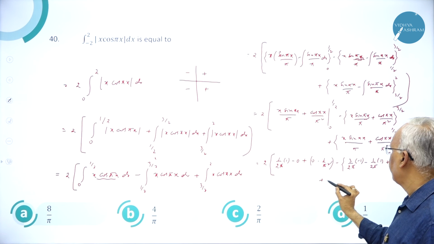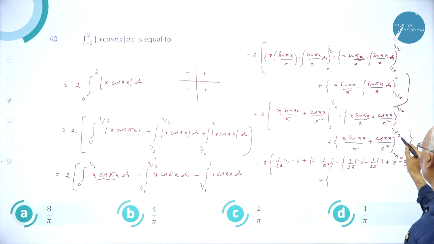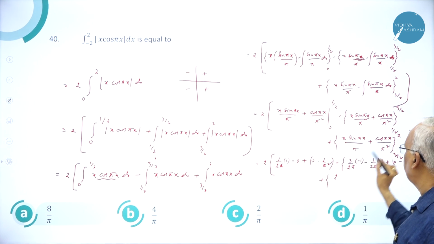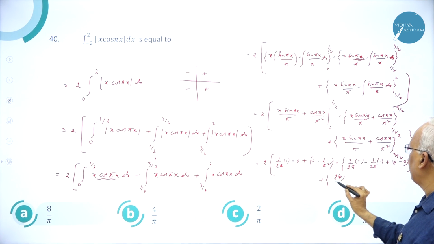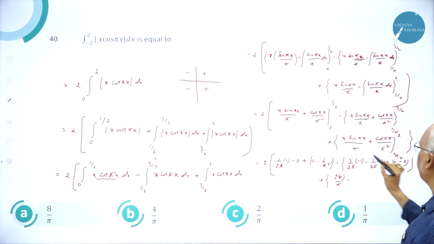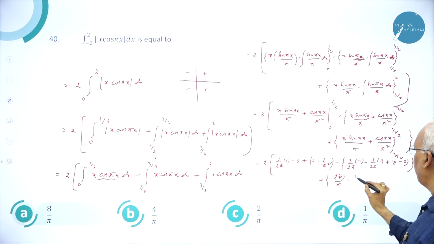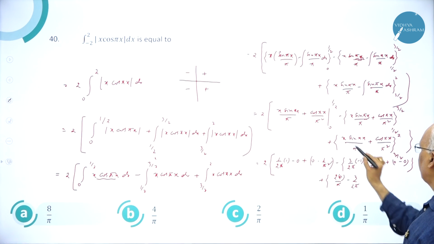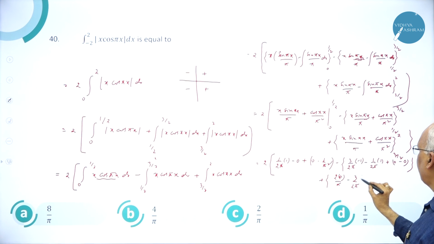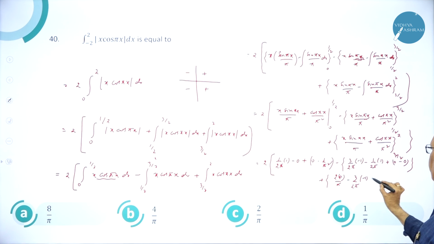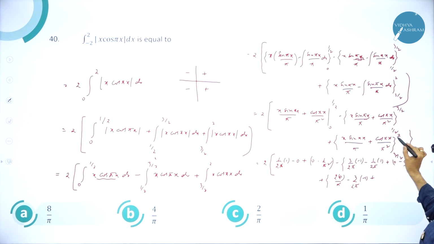And last one, here, when you put 2, so 2 into sin 2 pi is 0 divided by pi, minus 3 by 2 means you put 3 by 2 pi, x is 3 by 2, 3 by 2 pi into sin 3 by 2 pi is minus 1. So minus of minus it becomes plus. Last one, cos 2 pi is 1 by pi squared, minus cos 3 pi by 2 is 0.